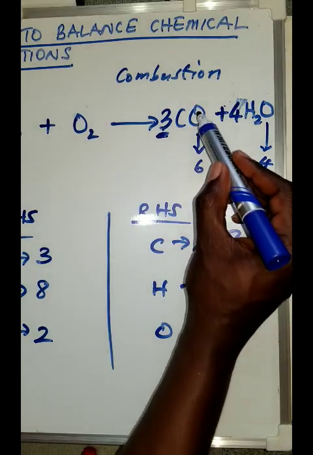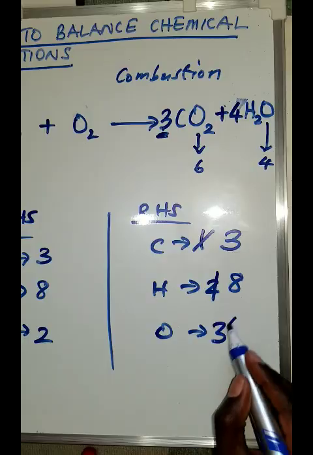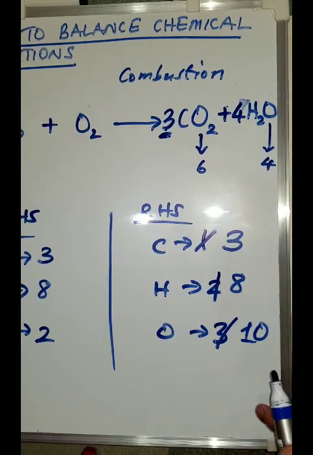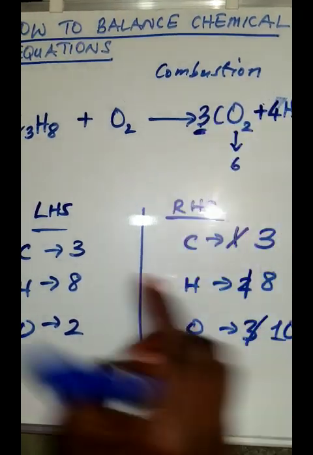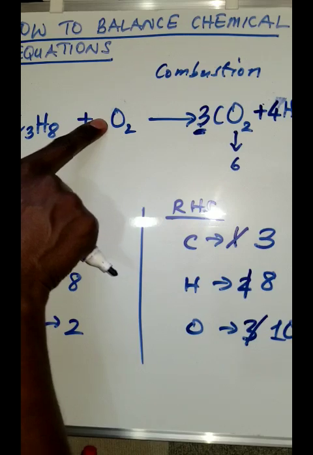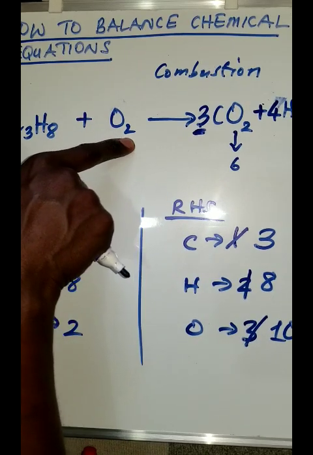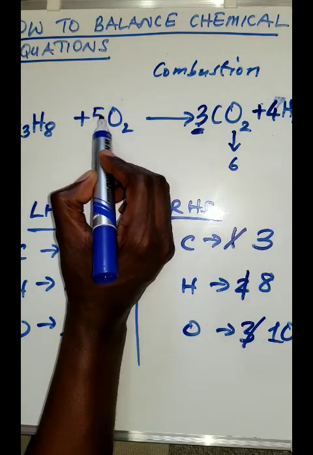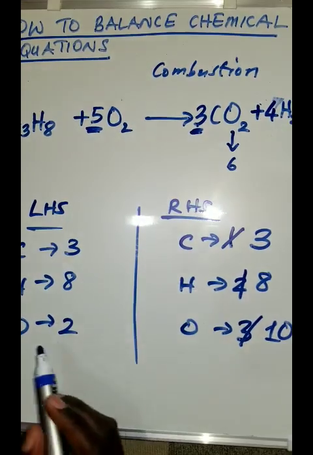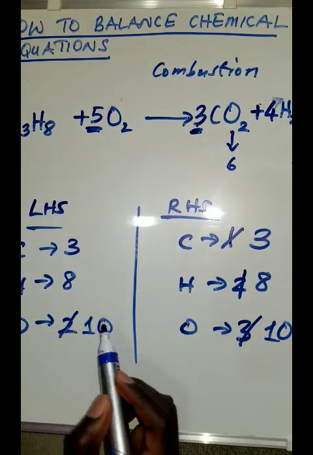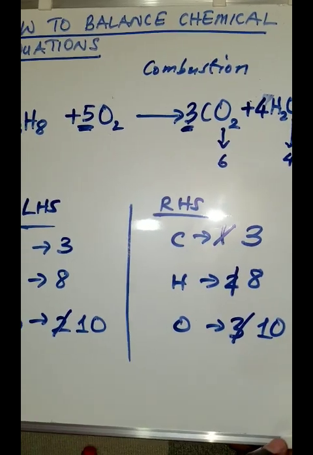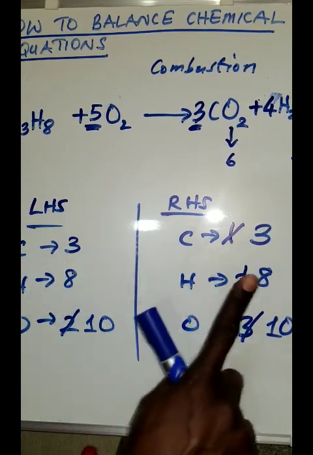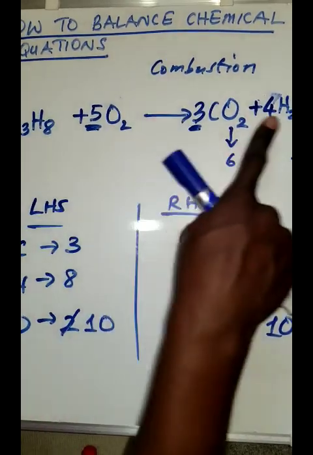So the total number of oxygen on the right hand side has now come to 10. Now you can ask yourself, what number do you need to put in front so that when you multiply by the subscript 2, you have 10? Yes, you are right. It's a 5. So it's just 5 times 2, and that will give you 10. So you can see the number of atoms on the left hand side is equal to the number of atoms on the right hand side.